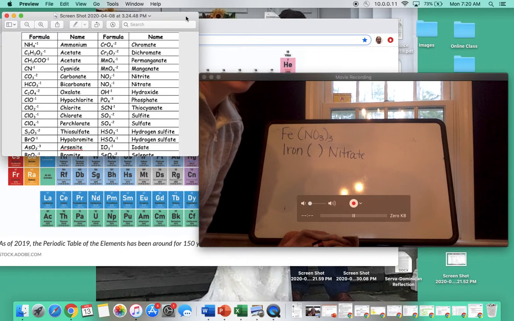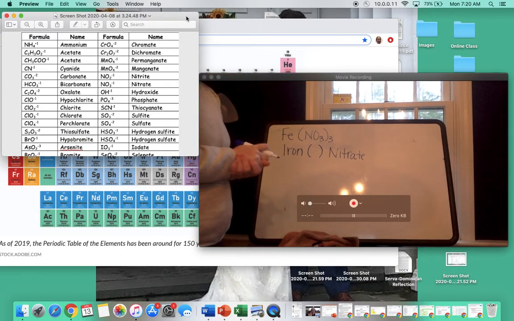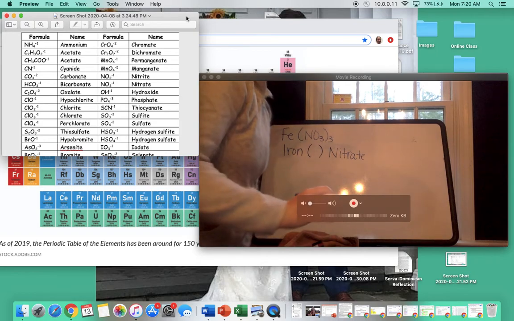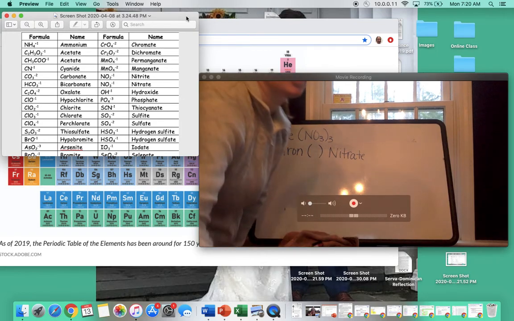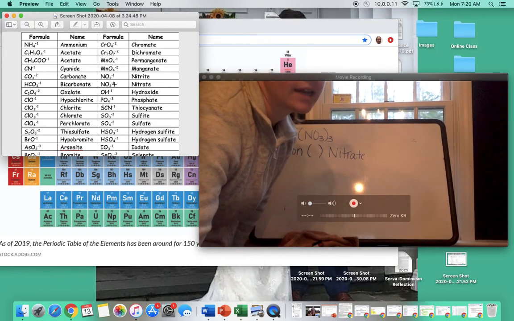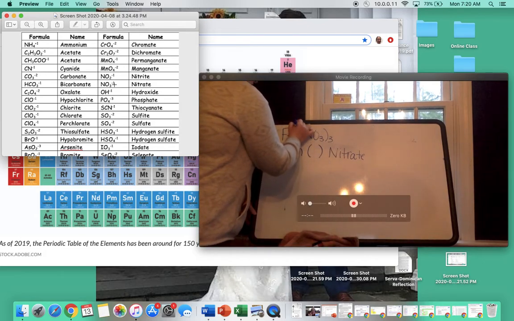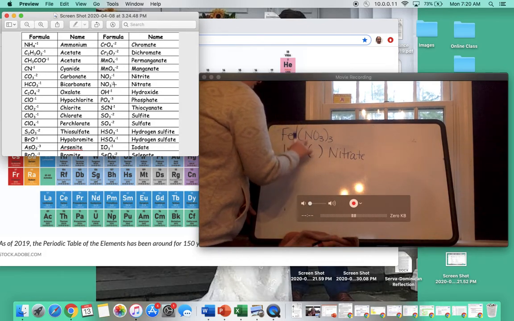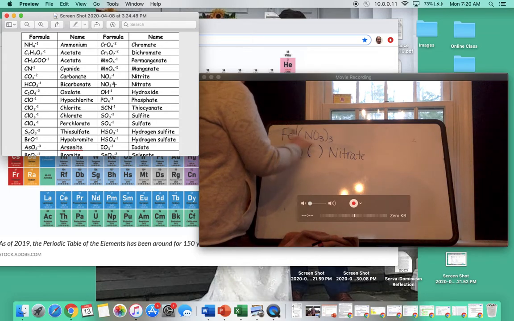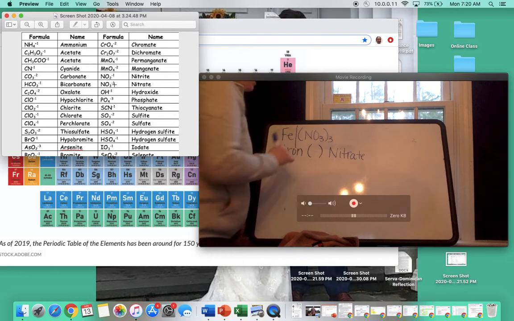I'm going to slide this over here. Now we have to look at the charges. NO3 has a charge, if we look here, of -1. I'm going to draw a line separating my metal from the rest of the side: metals on the left, the polyatomic ions on the right.